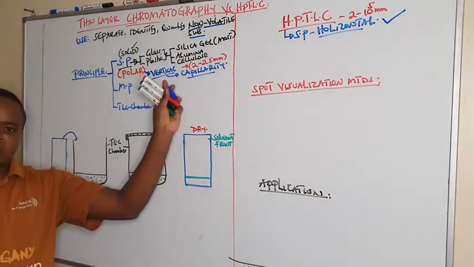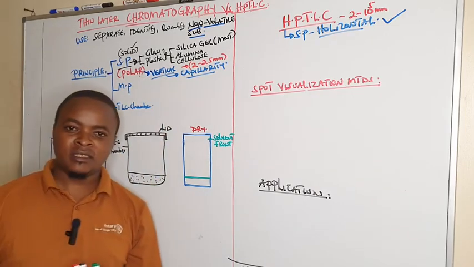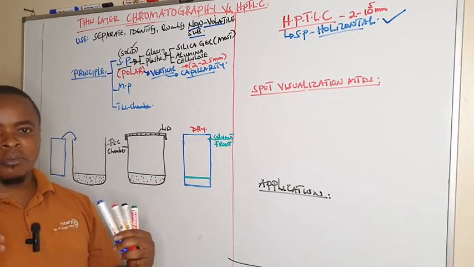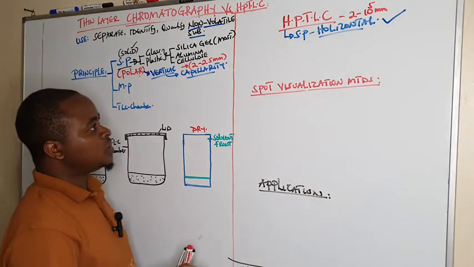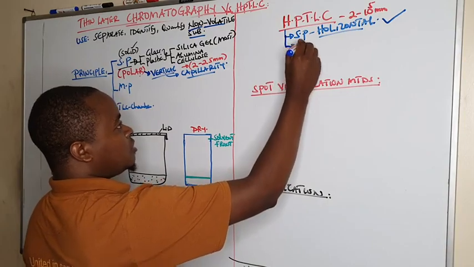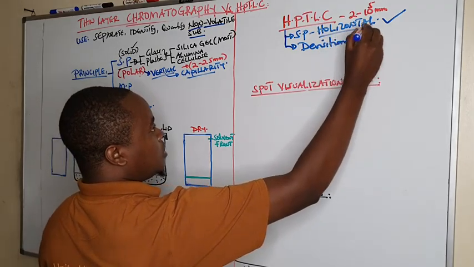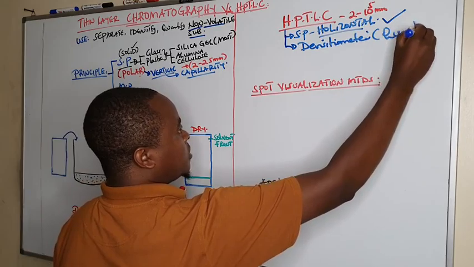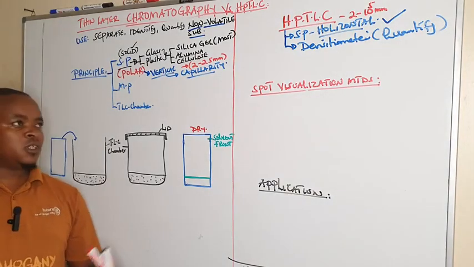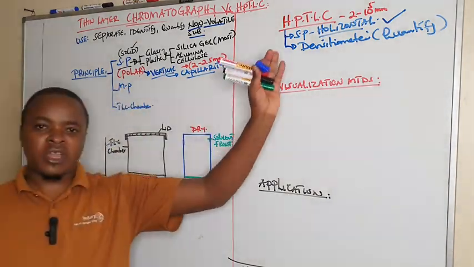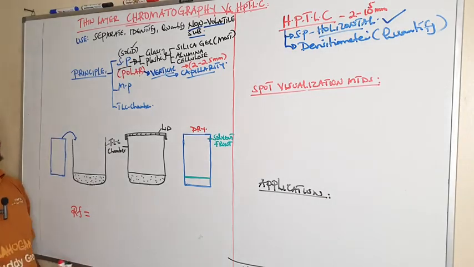The ordinary method uses semi-quantitative methods of visualizing, for example UV light, iodine stain, and potassium permanganate, but HPTLC quantifies using a densitometer. It is able to quantify and give figures, which is different from this, which is semi-quantitative. That's why currently we are employing HPTLC compared to the ordinary thin layer chromatography.